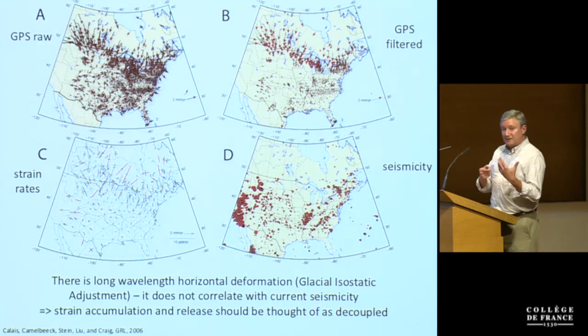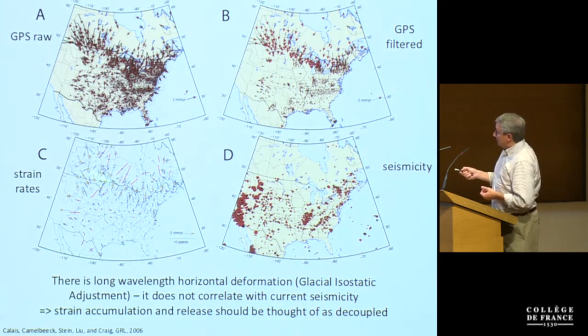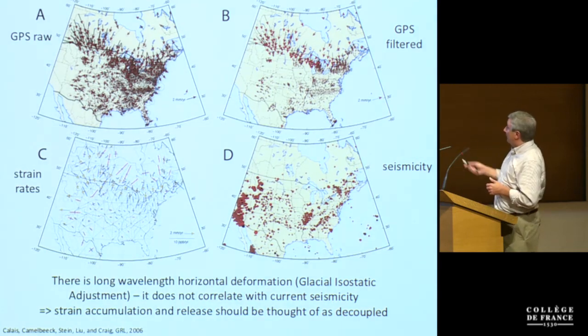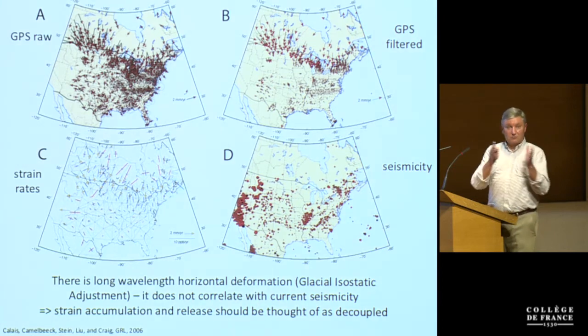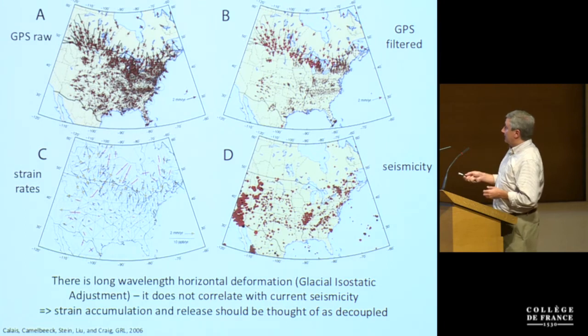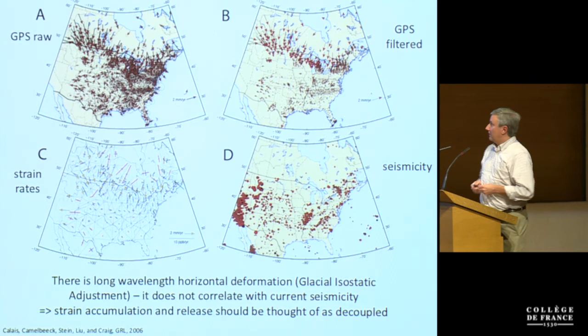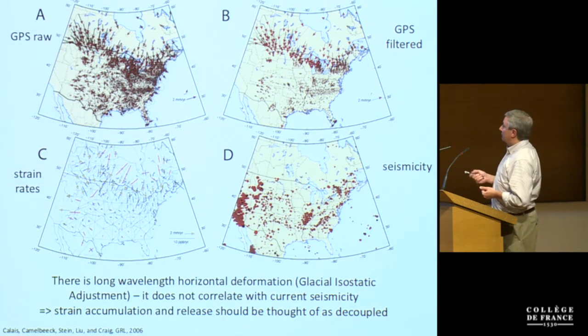These are the principal axes of the strain rate tensor. You find the extension that is correlated with the uplifting area of northern North America, and you can see the forebulge here of the rebound that is compressing, and this is also very consistent with glacial isostatic adjustment models if you tune the right parameters for the Earth structure.